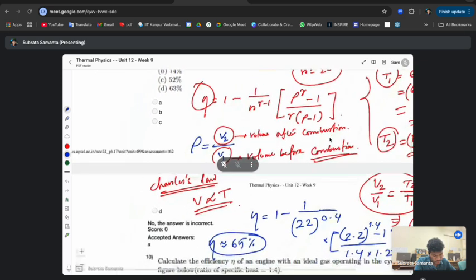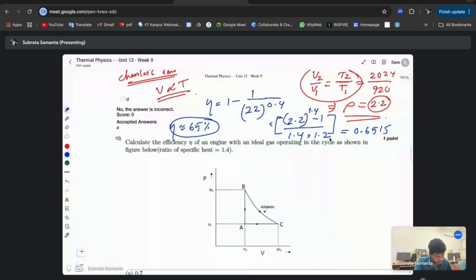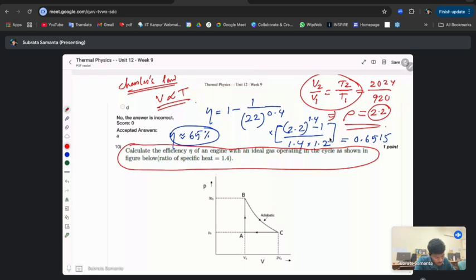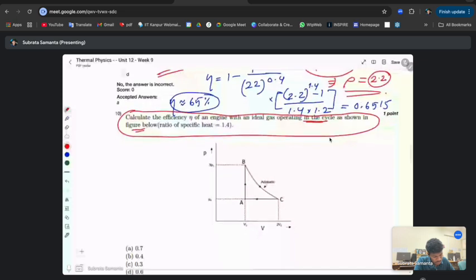So the last problem: calculate the efficiency eta of an engine with an ideal gas operating in the cycle as shown in the figure below. So you have to calculate the efficiency for this cycle.